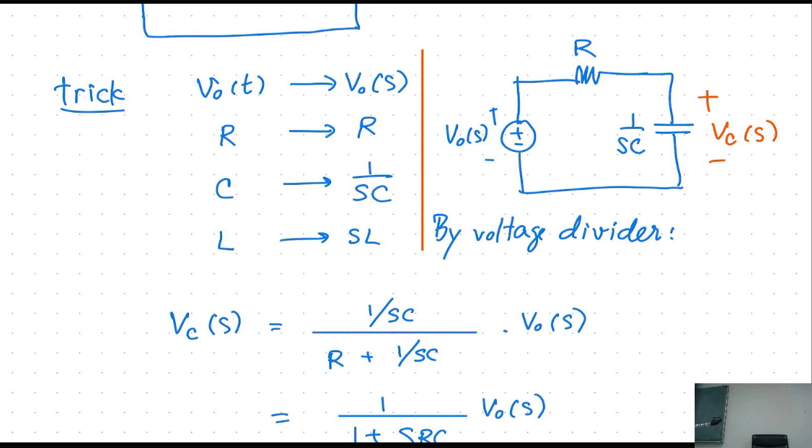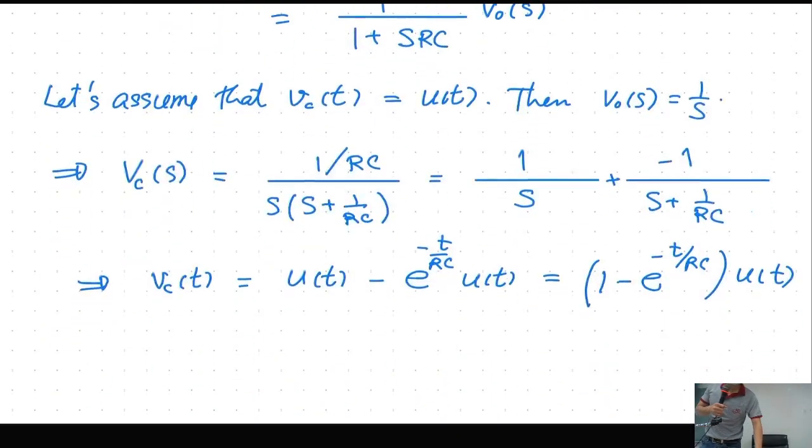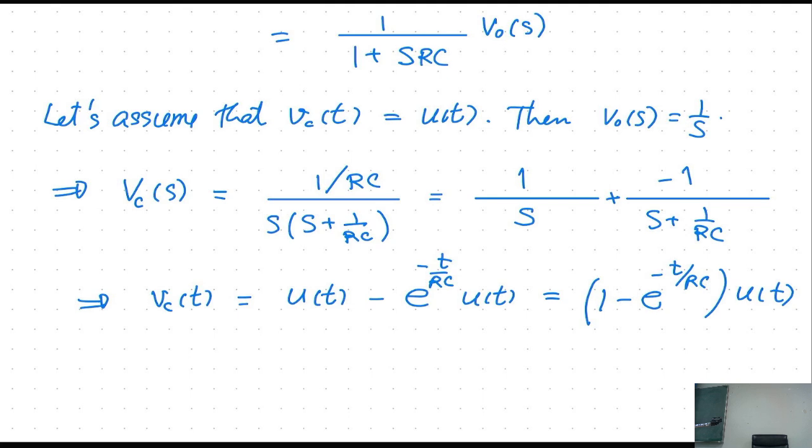So I rearranged the circuit into the S domain like this, and then I solved the circuit using typical methods. For example, I can use KVL, I can use KCL, or I can use a voltage divider. When I do that, I get the output potential in the S domain, and then I transform it back into the time domain using the inverse Laplace transform, and I get the output in the time domain, which is what I was looking for.